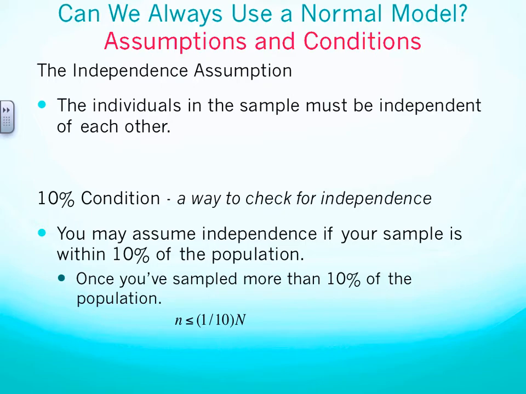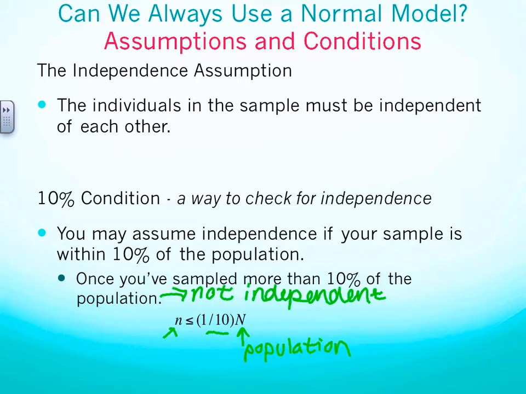Once you've sampled more than 10% of the population, it would not be considered independent. Okay, and if it's not, then you cannot use a normal model. So the way that we'll check that is by taking our sample size and seeing if it's less than or equal to 1/10 of our population. Okay? Sometimes you won't have your actual population. I'd say often you wouldn't have your actual population, but it would be easy to figure out if your sample is less than or equal to 10%.